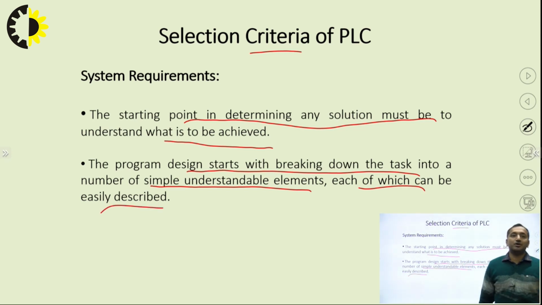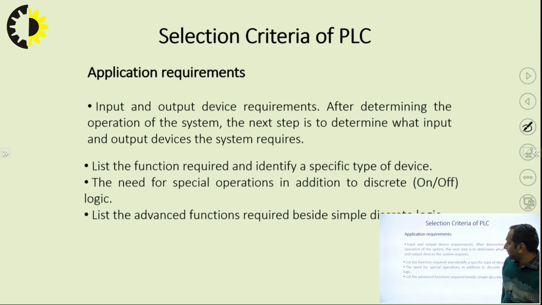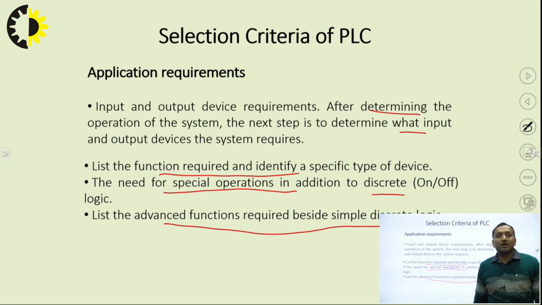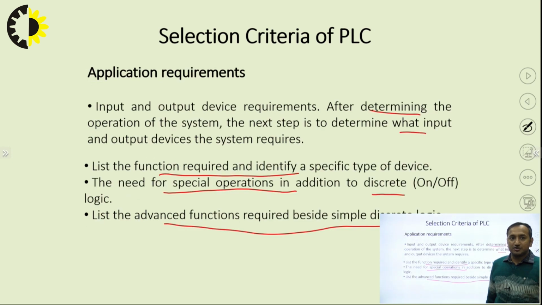So this is how you decide what kind of PLC you require. Application requirement depends upon what kind of applications you are using. You list the functions required, then the special operations required, and list the advanced functions required besides simple discrete on and off logic. What kind of advanced function do you require depends on the applications.